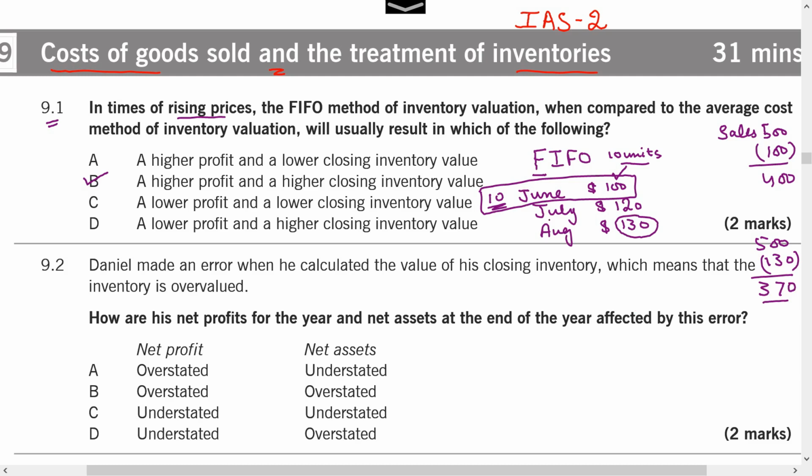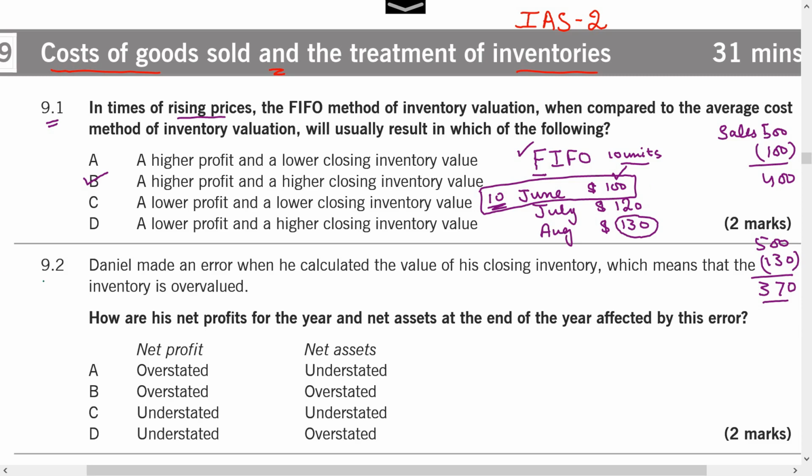So that means in the time of rising prices, the FIFO method gives us higher profits and higher closing inventory because we are selling inventory of low price. That means the inventory with higher price will remain in our stock. That's why our closing inventory value will be higher.